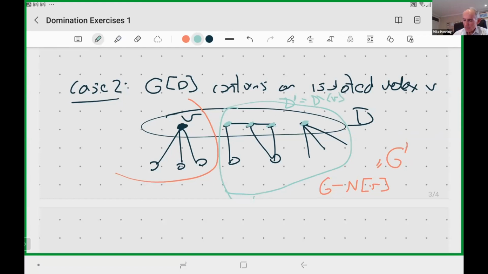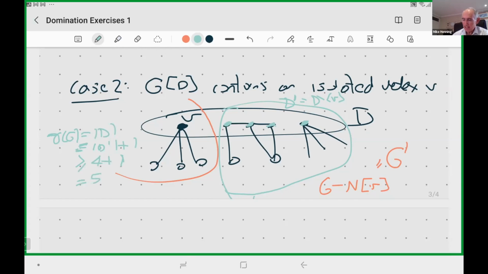What we know is that the domination number of G, which we chose as D, is D prime plus 1. What I'd like to do is prove that D prime is at least 4. And if I can do that, the domination number is at least 5, because gamma is at least D prime plus 1. So how do we prove that D prime is at least 4?